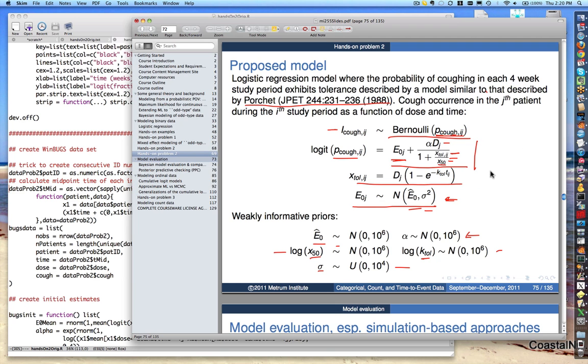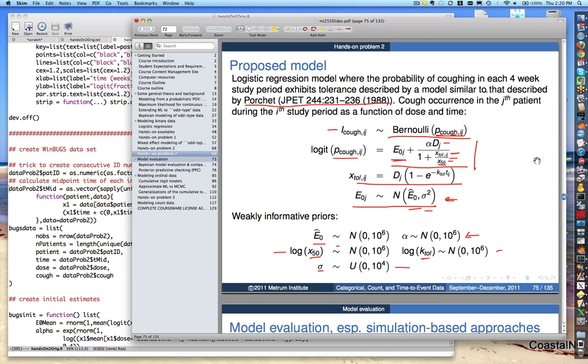The approach I chose to use to keep this simple is, instead of using the time that's in our data set, which is the visit time, which is really at the end of the interval where the observation is relevant, I instead used a midpoint time. So that's kind of a quick and dirty way of using the approach I've got here.